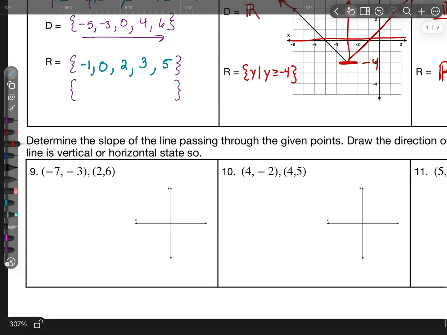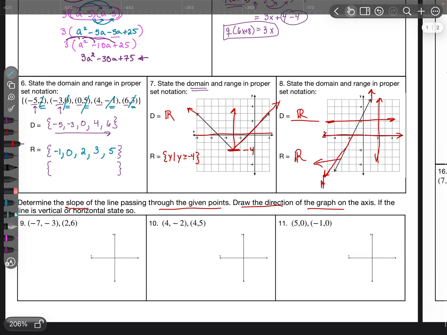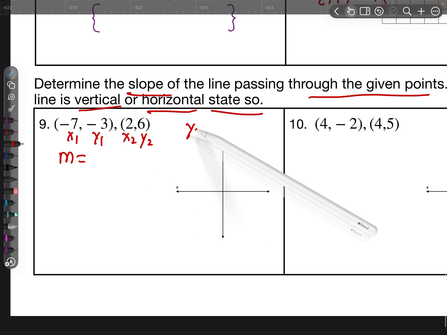Let's see here. Determine the slope of the line passing through the given points. Draw the direction on the graph. If it's vertical or horizontal, state so. Alrighty. Let's find that slope. Right? x1, y1, x2, y2. And we're just finding the difference in the y's over the difference in the x's. y2 minus y1 over x2 minus x1.